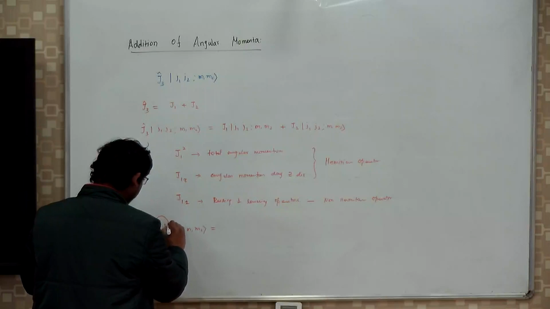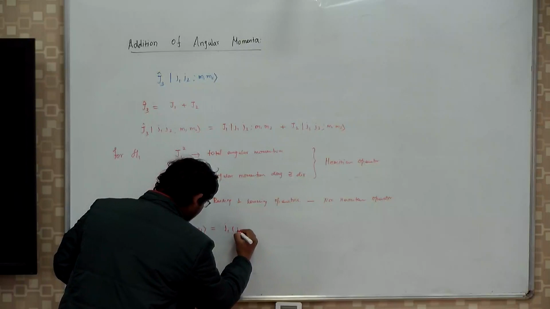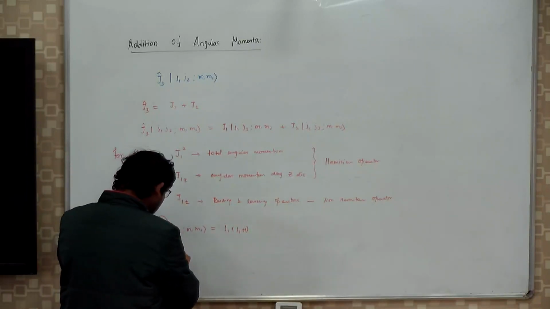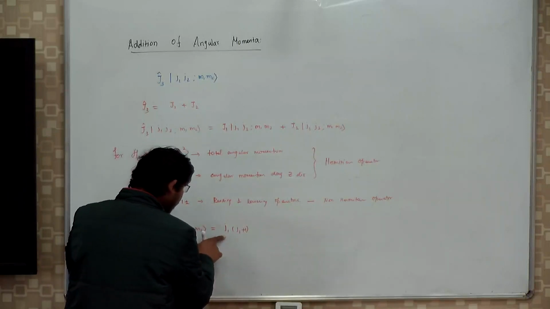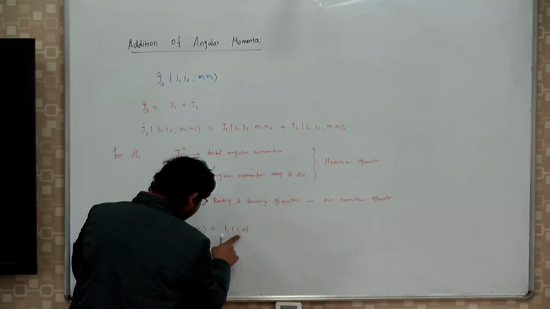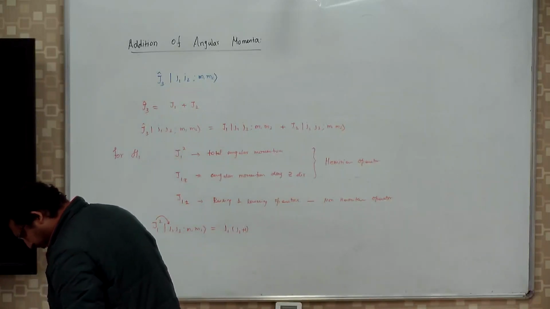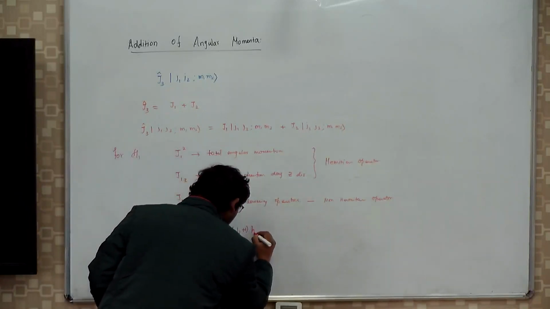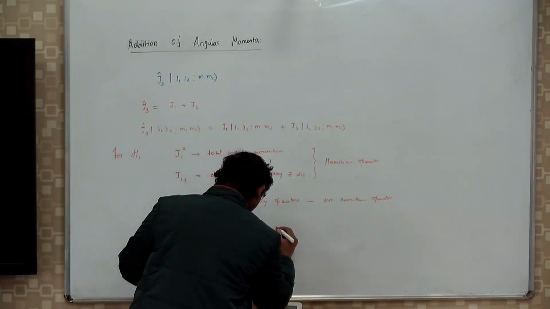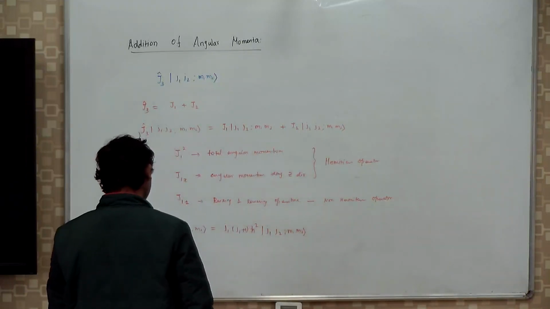When this operator acts on this state vector, it gives an eigenvalue, J1 of J1 plus 1, with H cross square, times the state vector |J1, J2, M1, M2>.